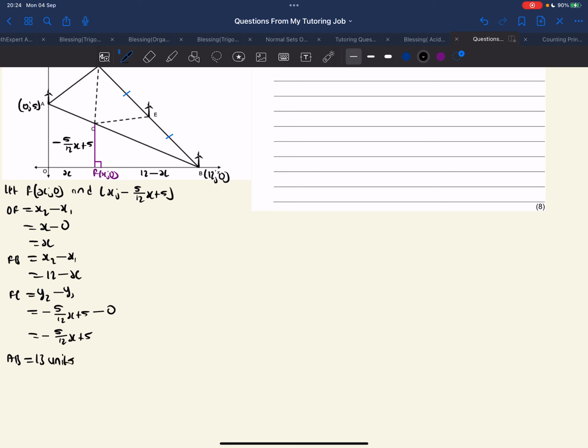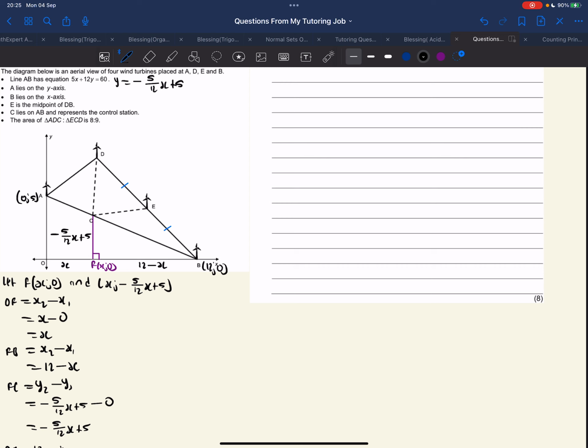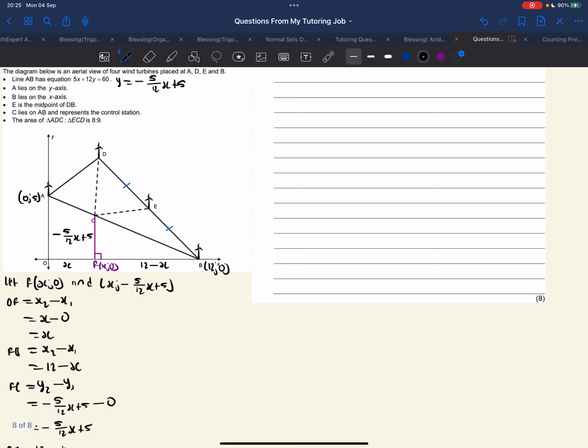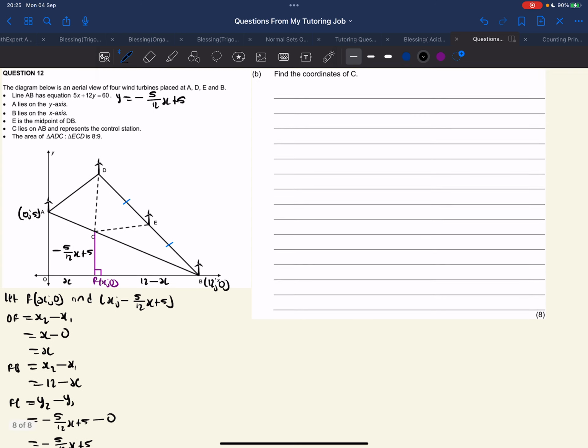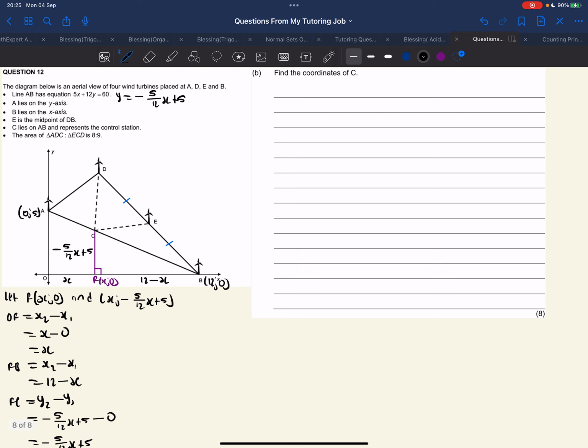Now to find the length of CB, if we wanted to find the length of CB, we're going to say CB equals AB minus AC. So to find CB, we're going to need to find AC. And this is what we're going to need to do to find AC.